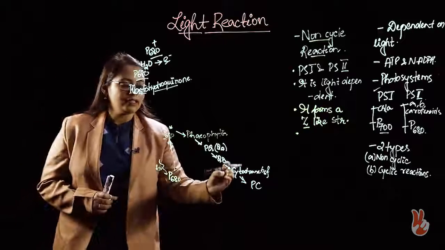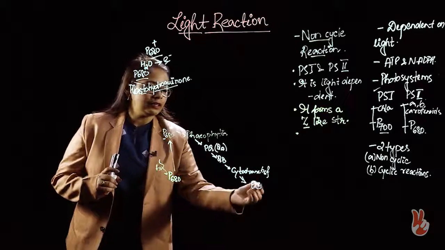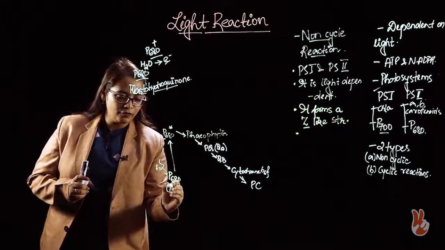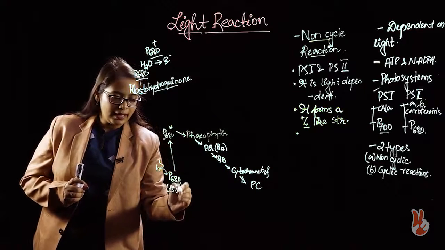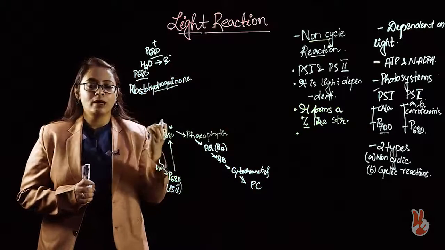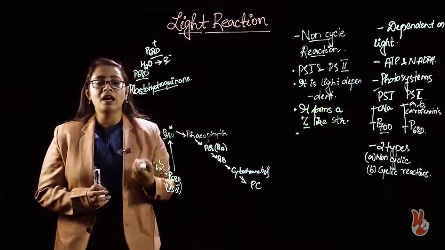Now, plastocyanine is the linker molecule which will link the whole reaction between the P680, that is photosystem 2, and it will then transfer the electron to PS1 or P700. So next in the picture we have the P700 or the PS1 molecule.